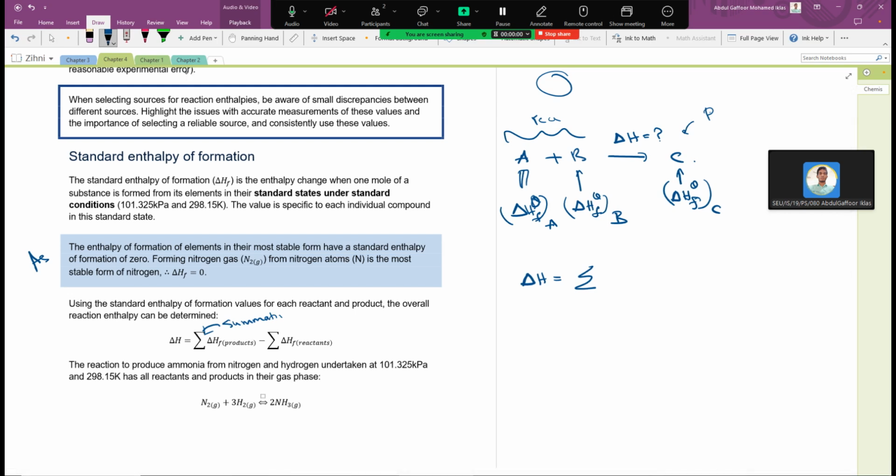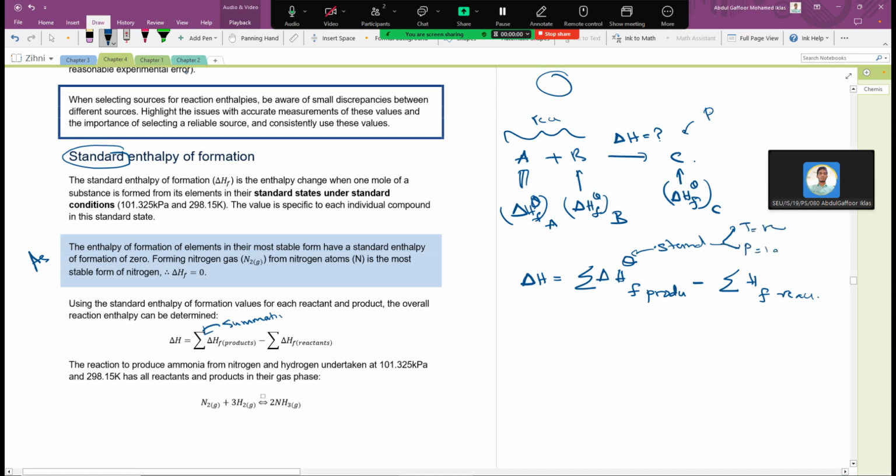So summation delta HF of products minus summation delta HF of reactants. If they include the term standard, then you have to mention delta H theta. This theta represents standard conditions. Standard condition means the temperature is room temperature and pressure is 1 atm.